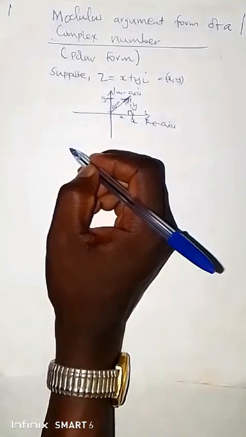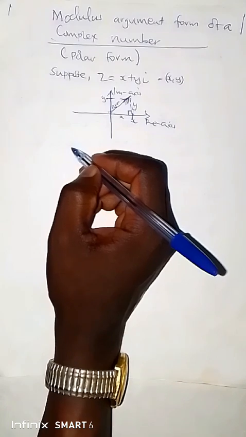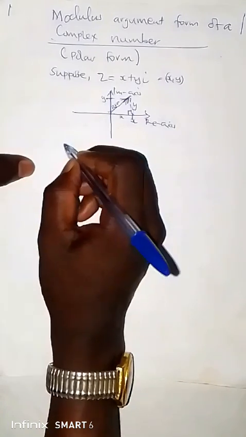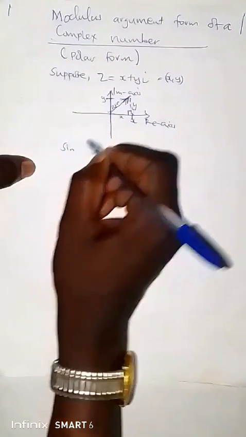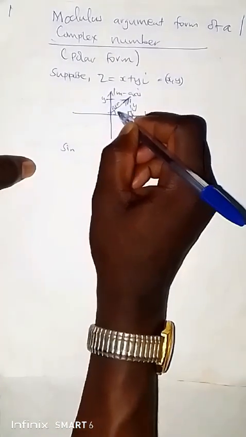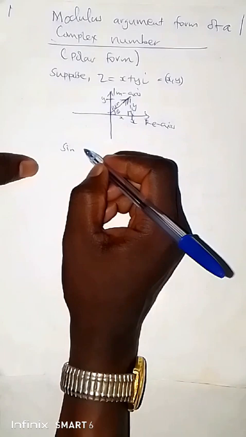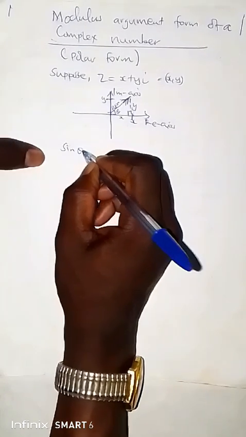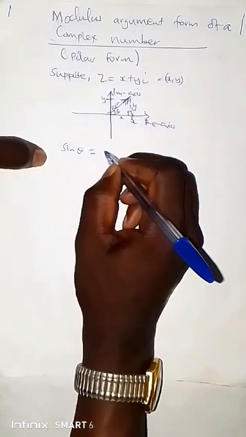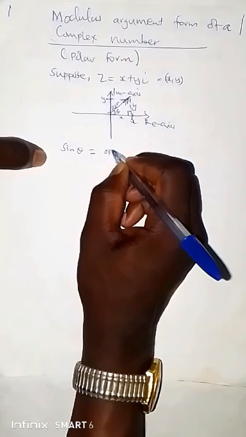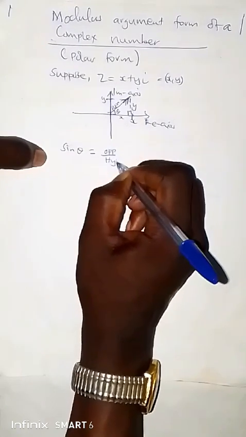You know very well from your trigonometry that if this angle is theta, the one we are calling the argument, sine of theta will be equal to opposite over hypotenuse.